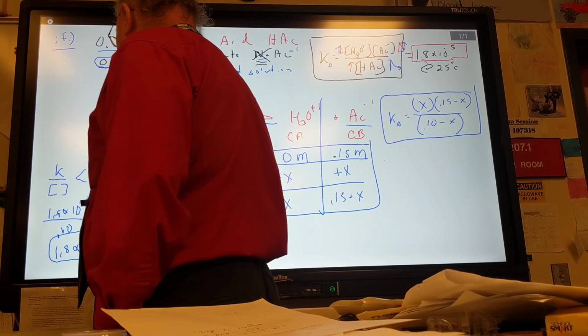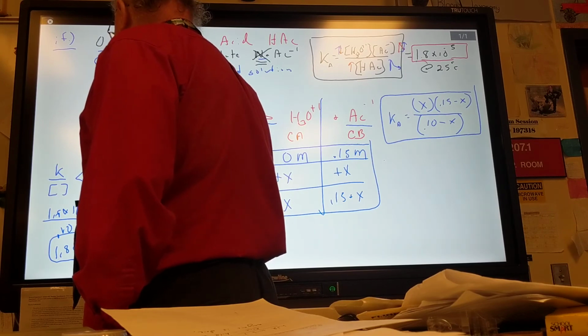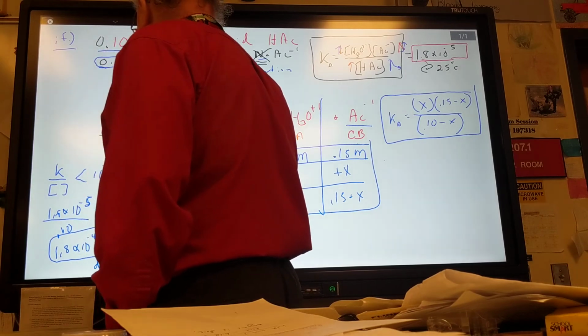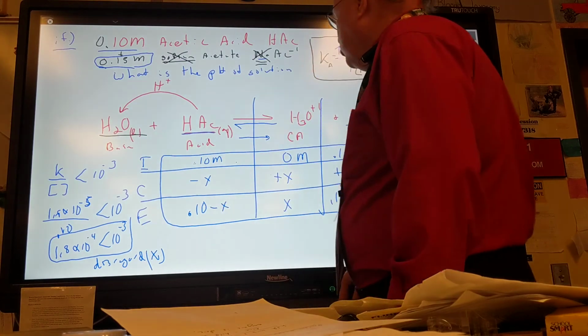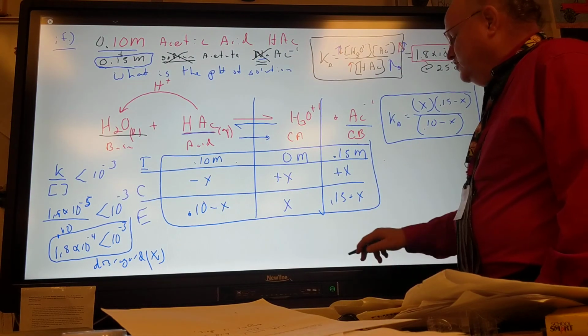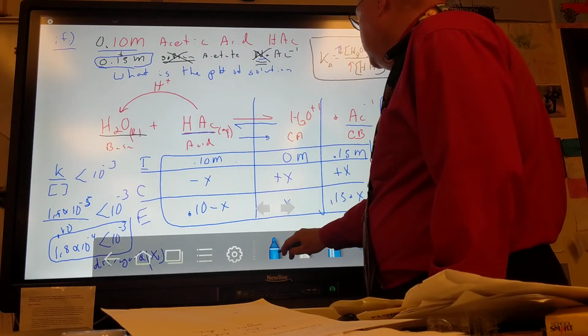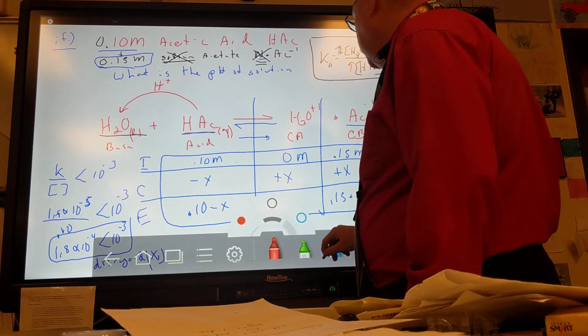So I can disregard my x. In terms of the 0.10 and the 0.15, it's insignificant.